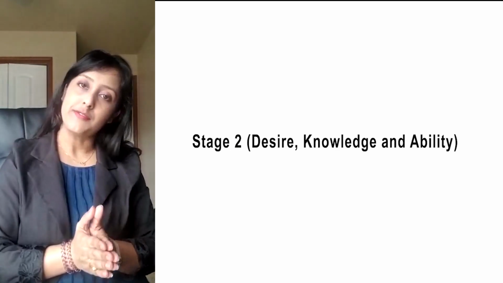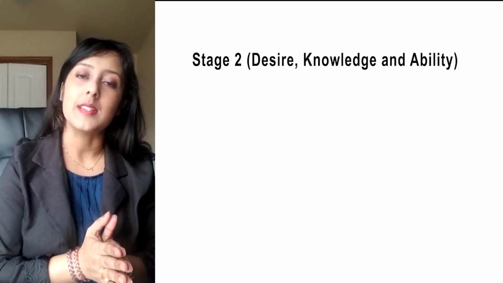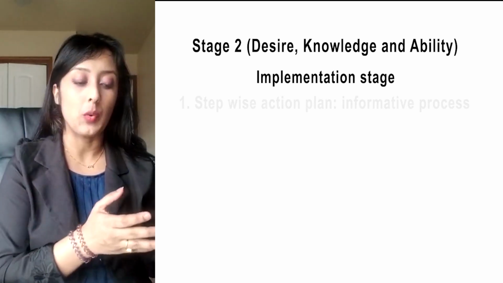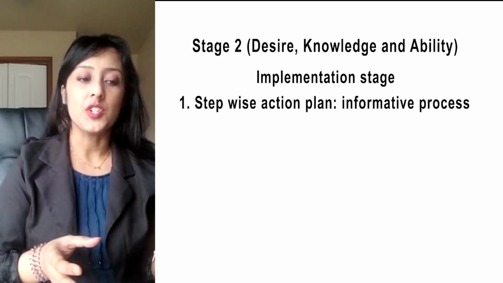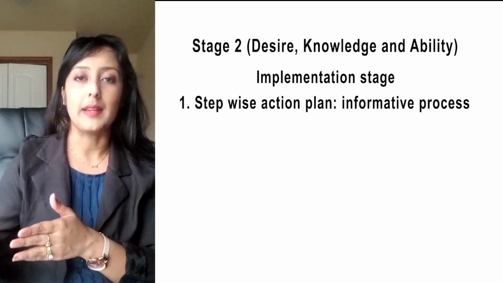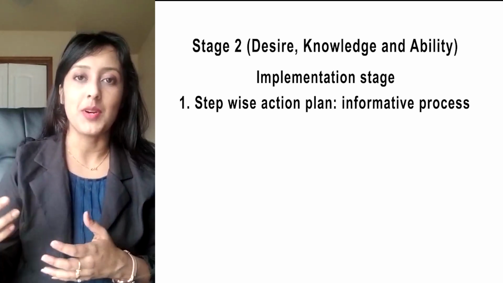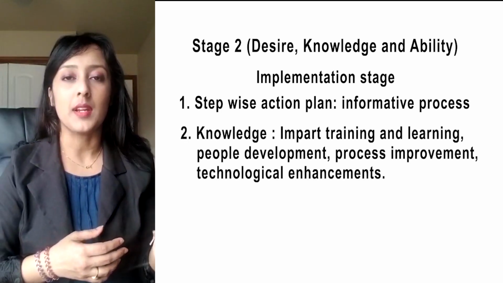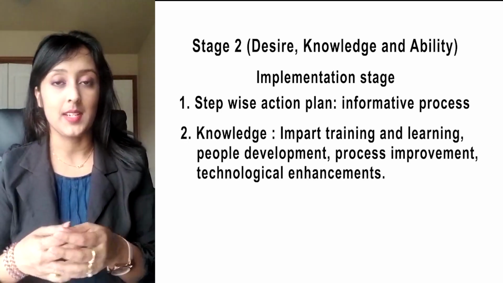The second stage of your change communication is the actual process of implementation. This is where you have the whole plan of the project and determine stepwise how we proceed with the strategic plan we had in our minds, and how we determine that we are proceeding in the right direction.